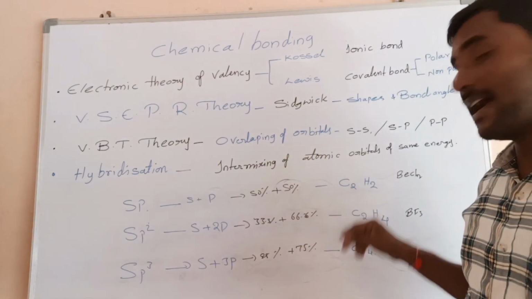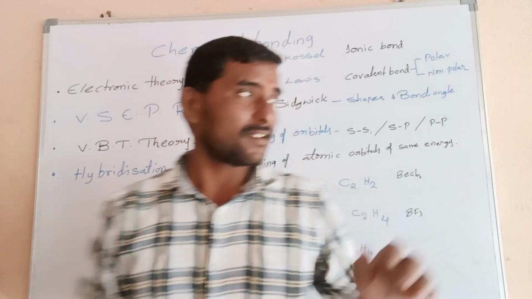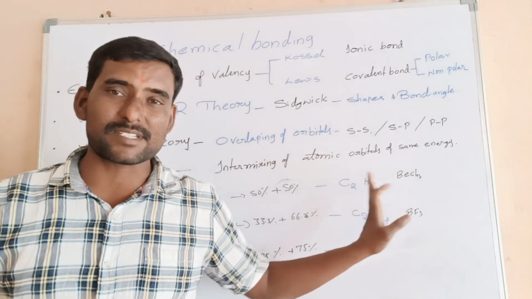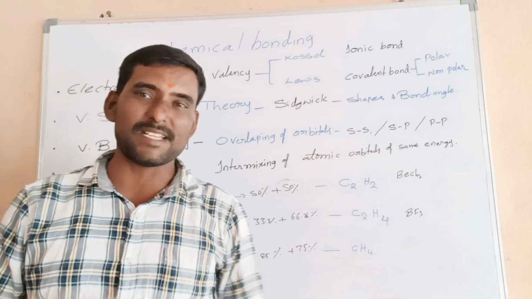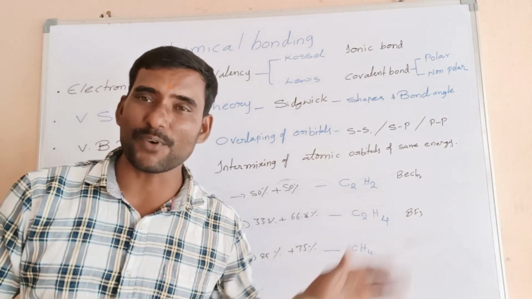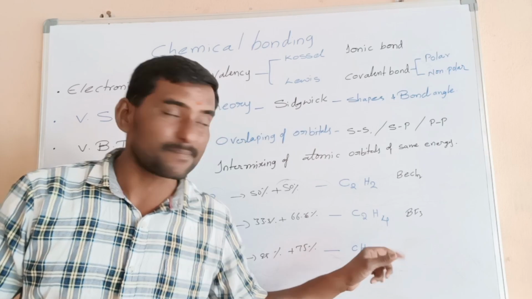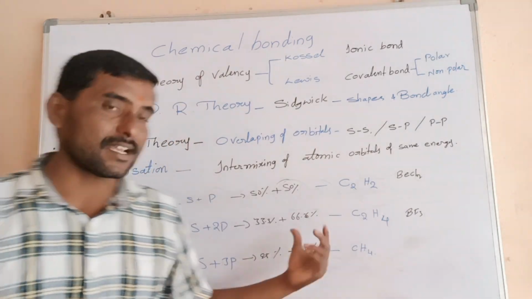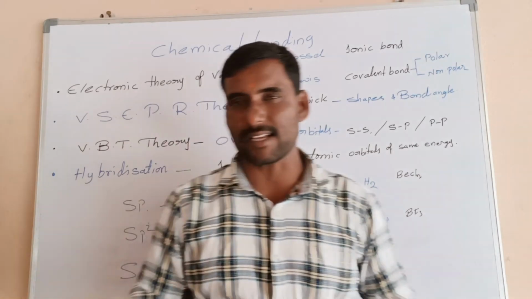When they intermix, they form these molecules. sp hybridization gives C2H2, otherwise BeCl2. sp2 is C2H4, ethylene, and sp3 is methane CH4; these are the examples.